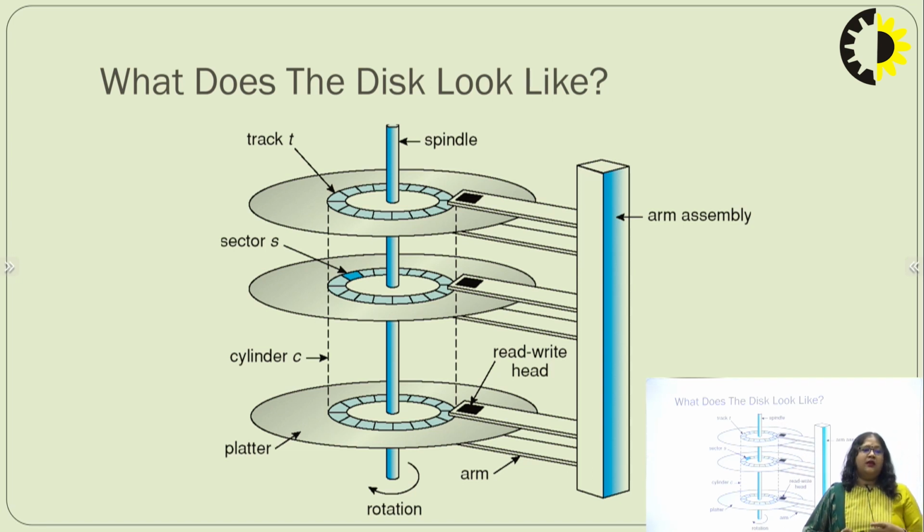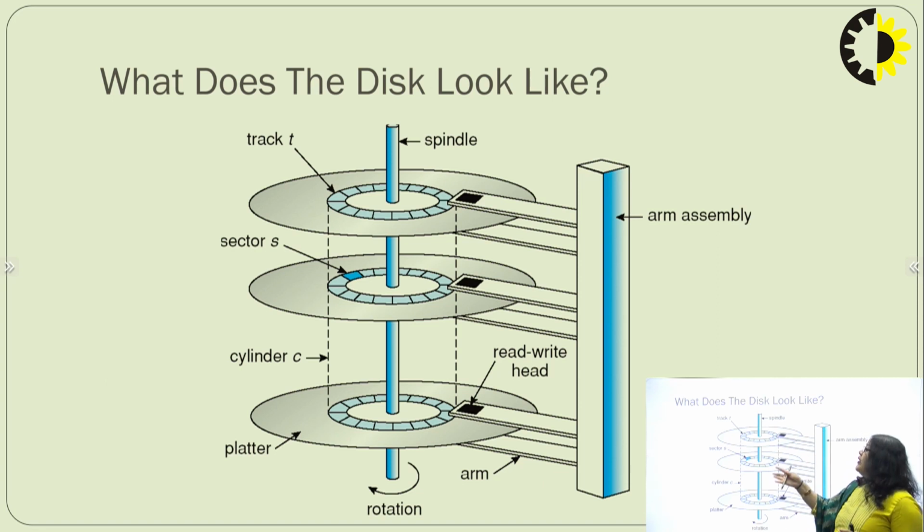The spindle always rotates in an anti-clockwise rotation, and the read write head moves back and forth. So when we want to find the address of any track or any sector, the read write head moves back and forth, and the spindle rotates. So basically this is the complete working of the disk.